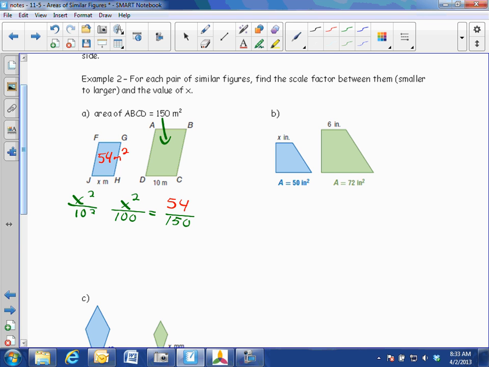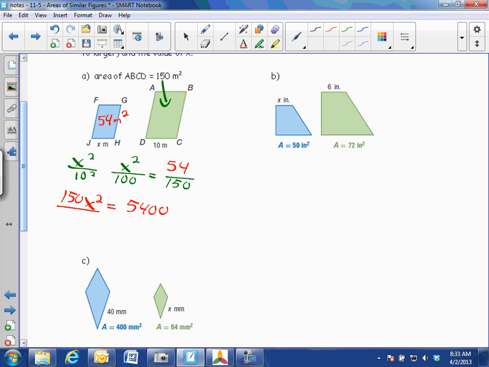Okay, then what? What does that turn out to be? Okay, then what do we do? Square root, yep. Those cancel out. X is 6 meters.